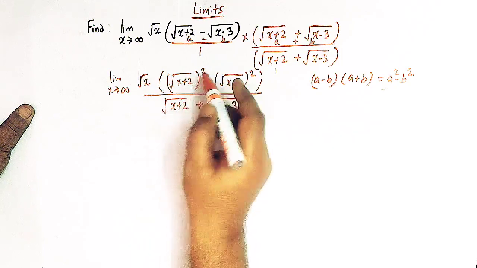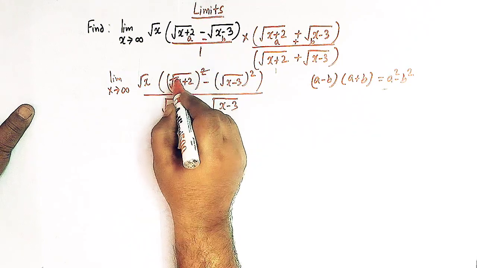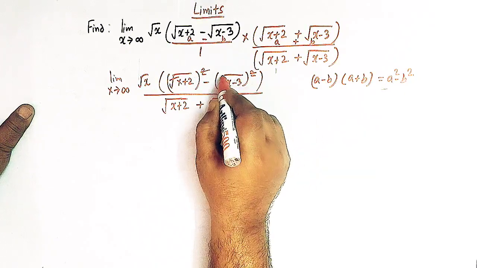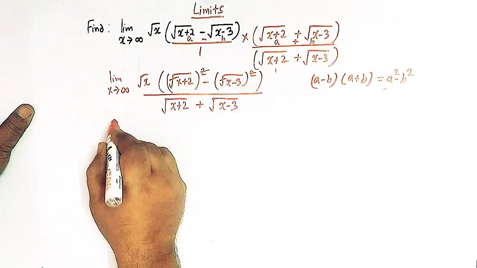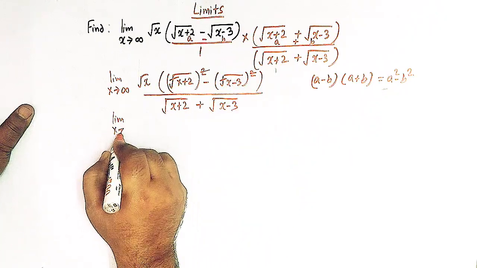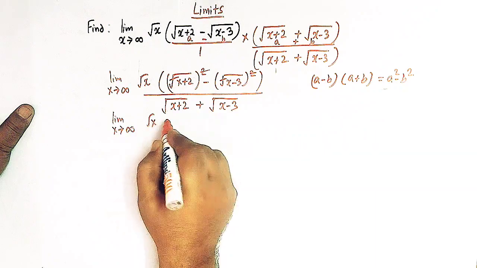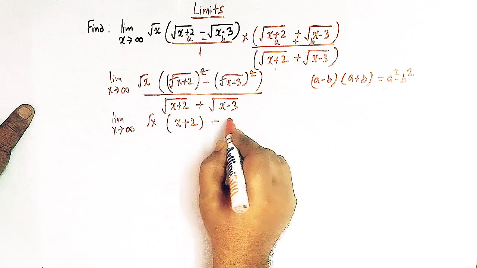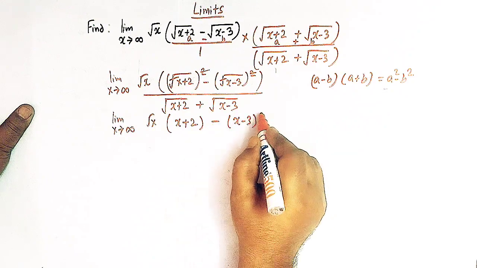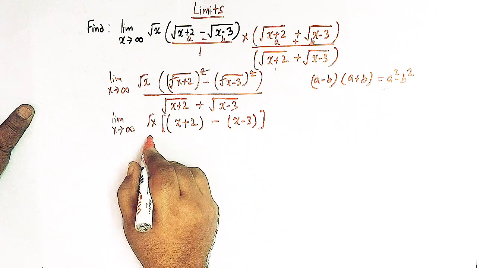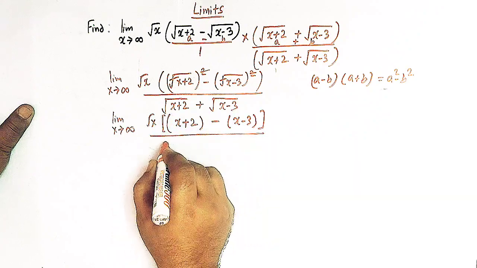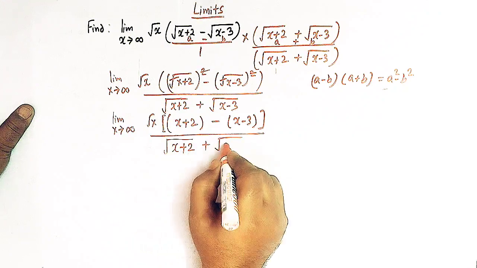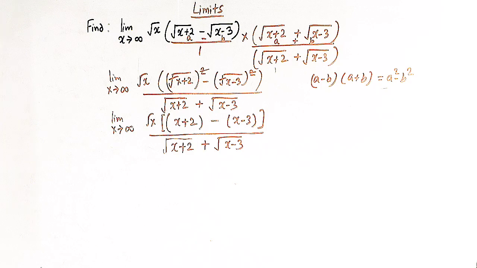Now this square gets cancelled with this radical sign, and here too the square cancels the square root. Then we have limit x tends to infinity of square root of x times (x plus 2 minus (x minus 3)), and in the denominator square root of x plus 2 plus square root of x minus 3.